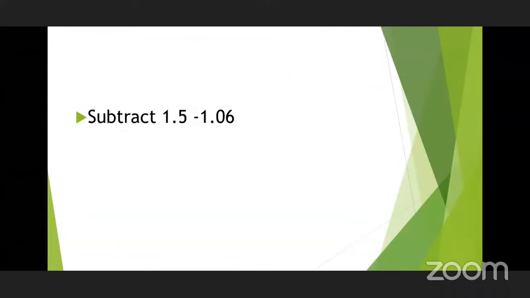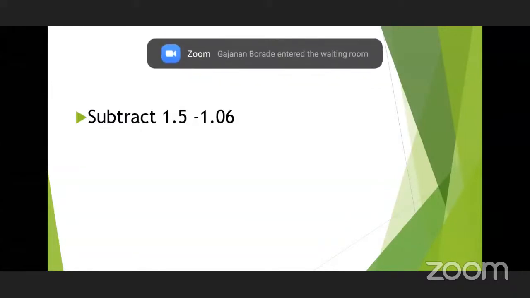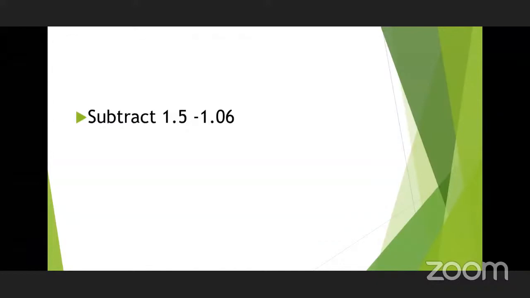Now subtract this: 1.5 minus 1.06. First of all, what can we do?